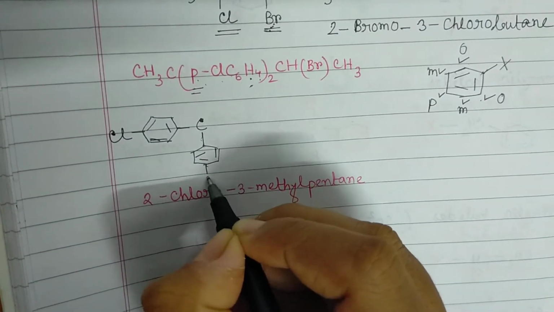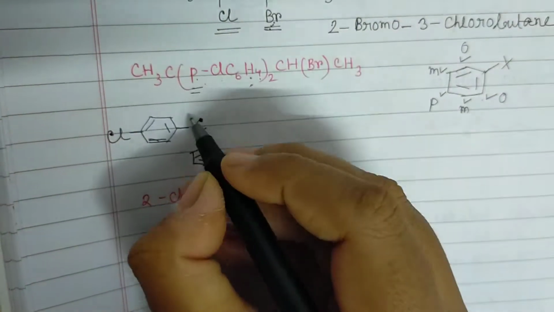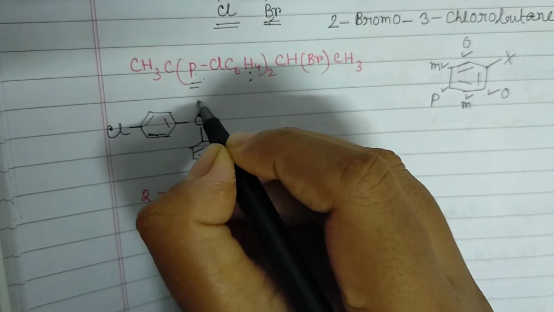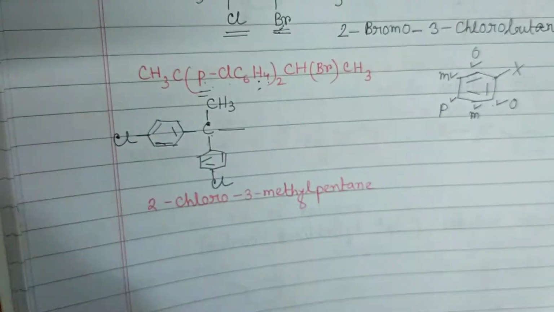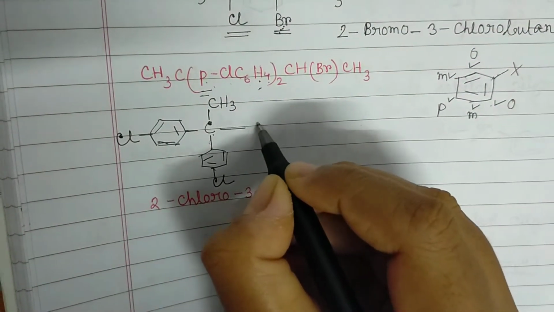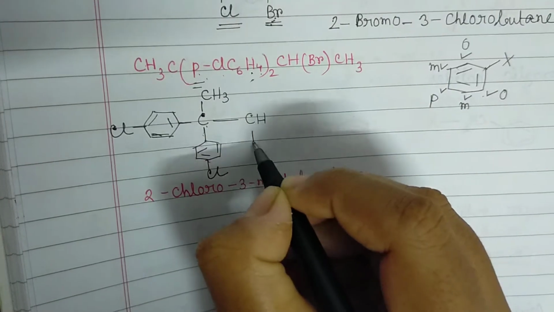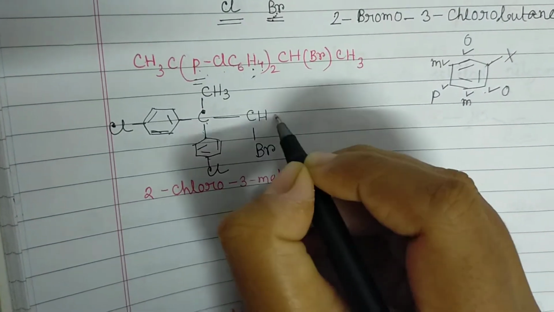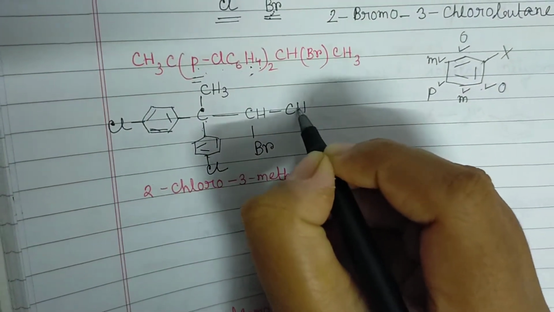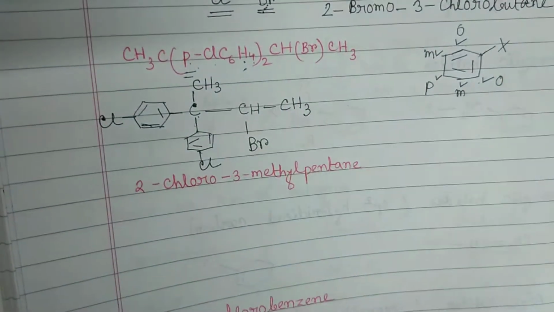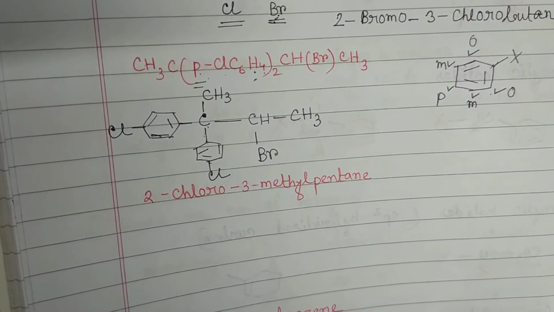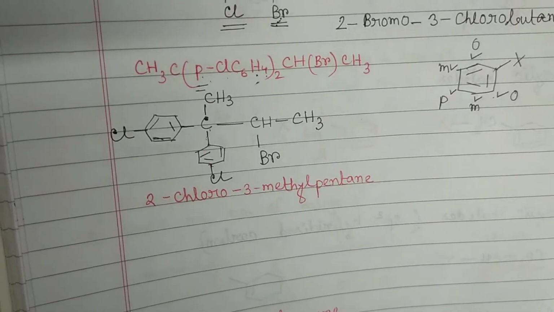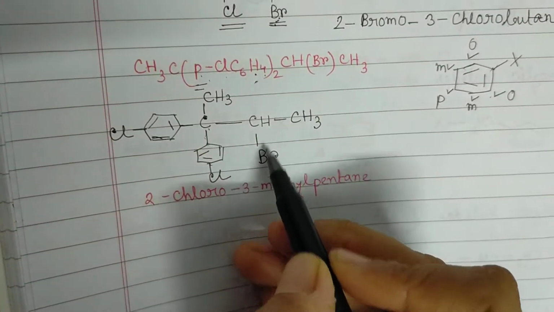So again there will be chlorine, and with this carbon there is one methyl group also. So this one will be like this, and after that there is CH, then bromine, and after this the methyl group.